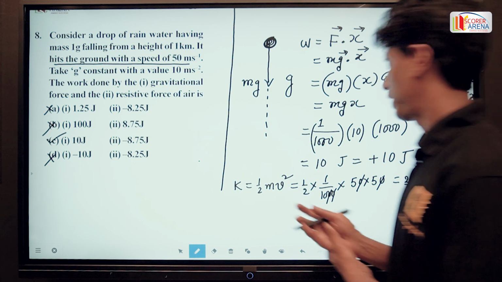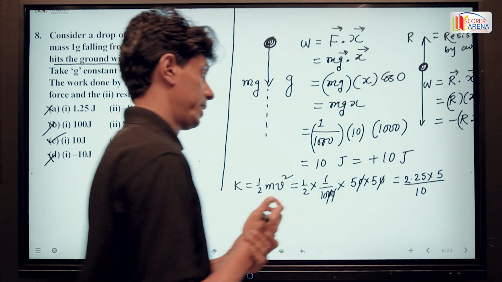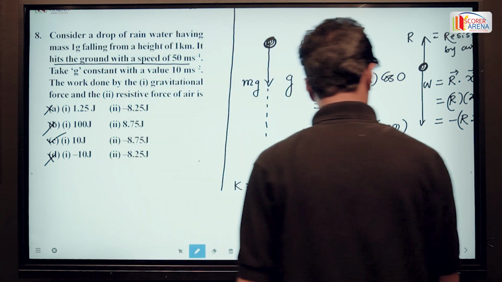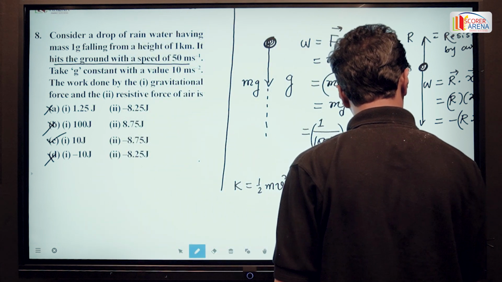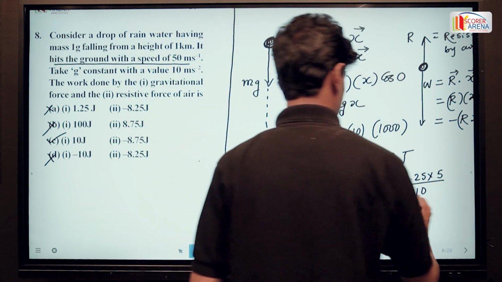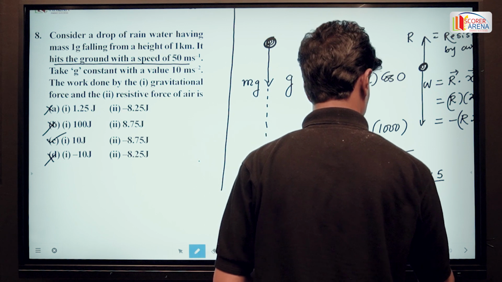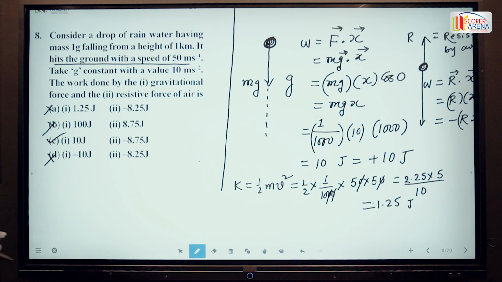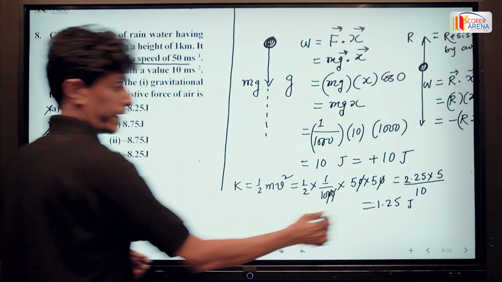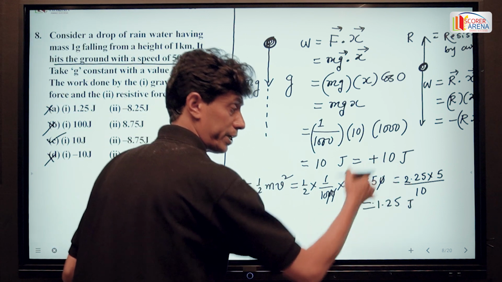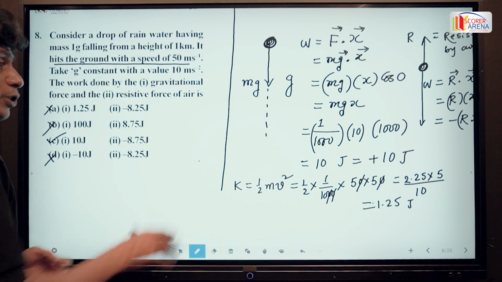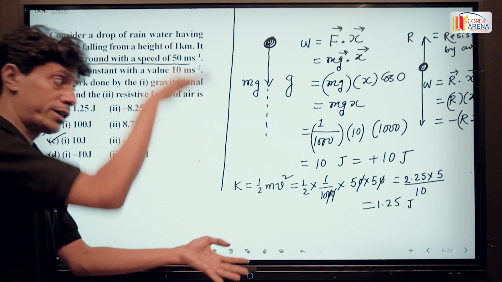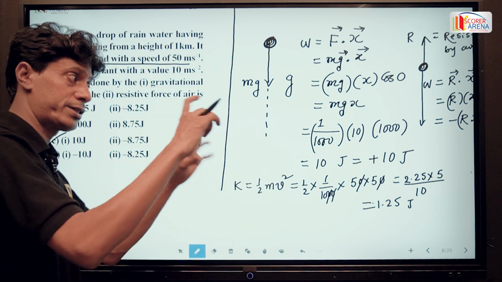So by simple calculation, I think it is 1.25 joule. This is the kinetic energy of the raindrop, and the potential energy, that is the work done by gravity, is 10 joule.